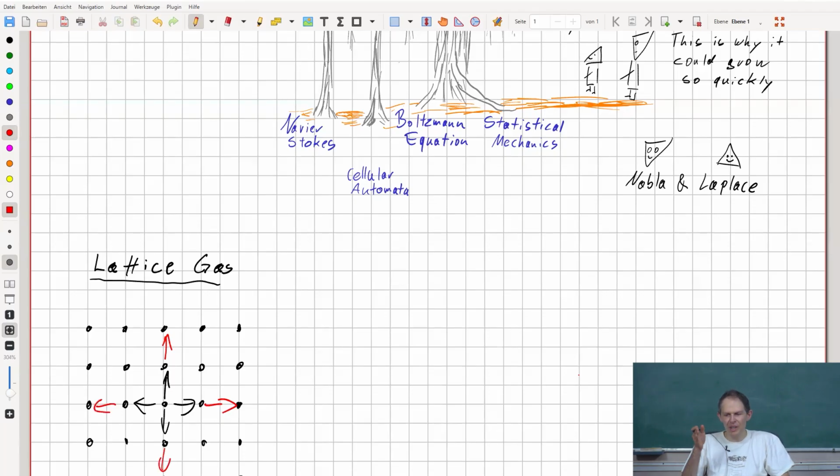So it's jumping one lattice node at one time step. Yeah? And this is something that we then call streaming. From node to node.